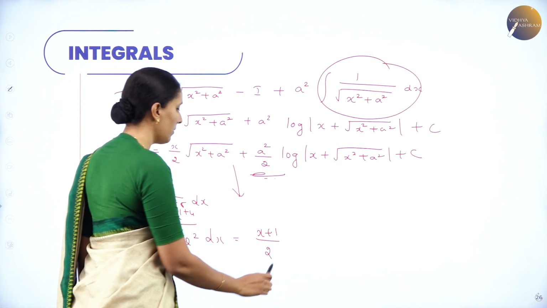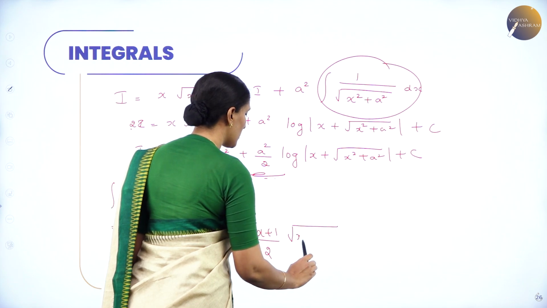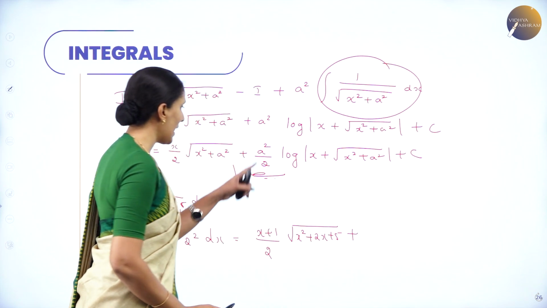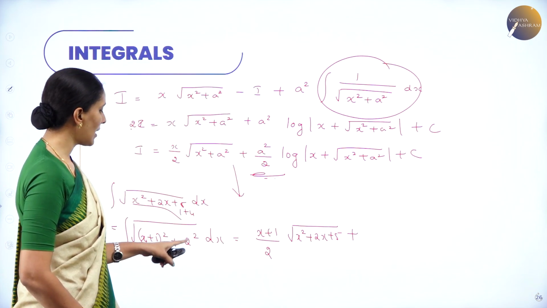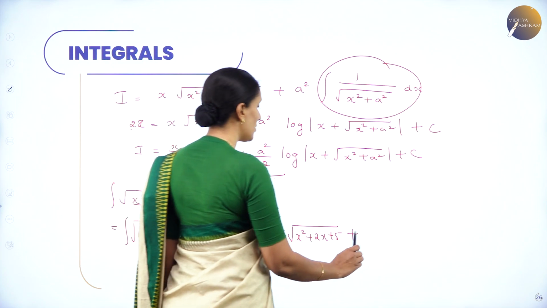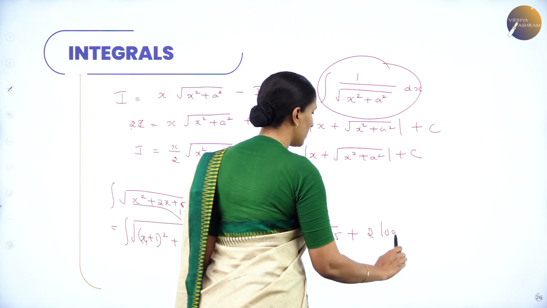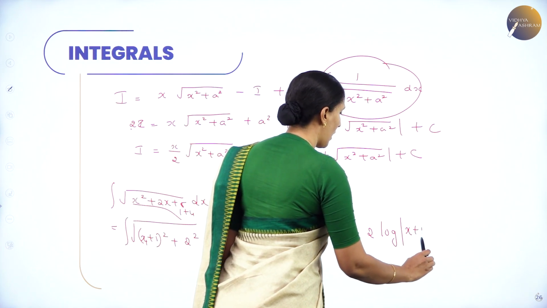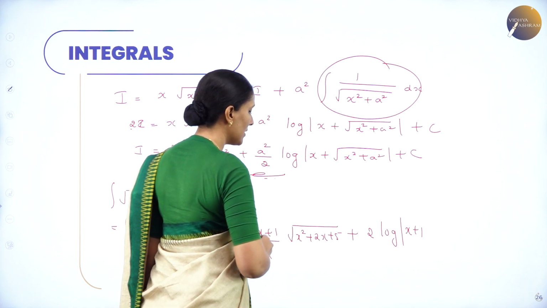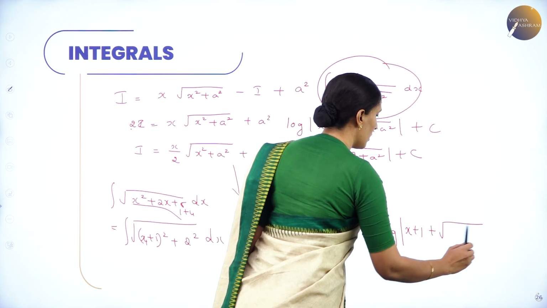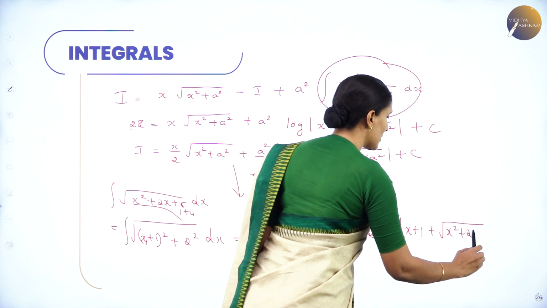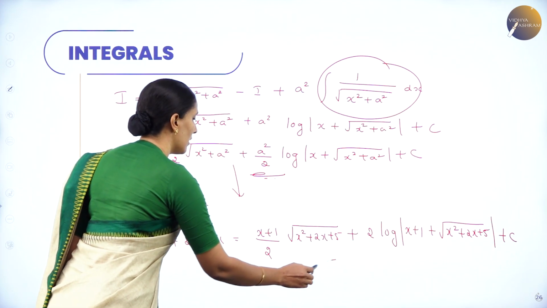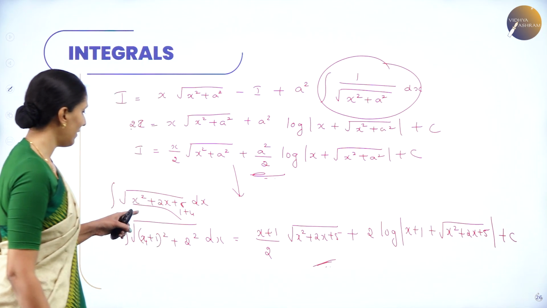So I'll write this only: square root of x square plus 2x plus 5, plus a square by 2. a square is nothing but 4, so 4 by 2 is 2, log modulus of x plus 1 plus root of x square plus a square, which is root of x square plus 2x plus 5, plus c. So this is the value of the given integral.